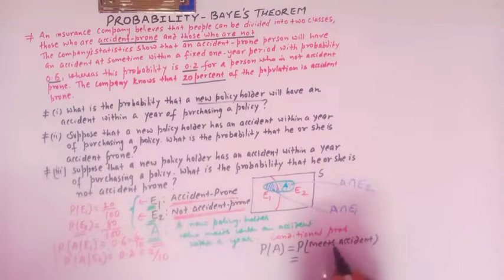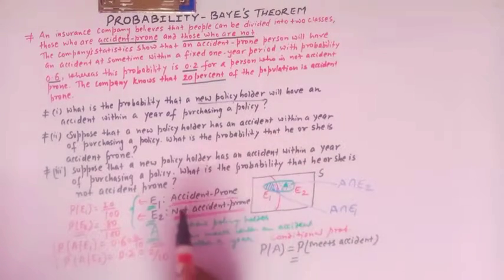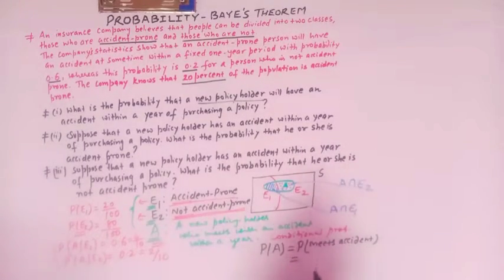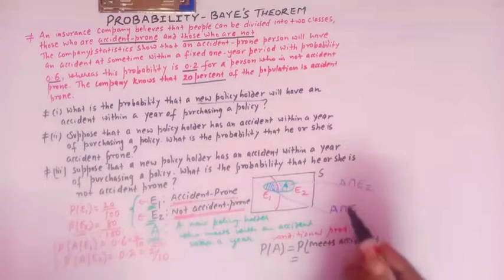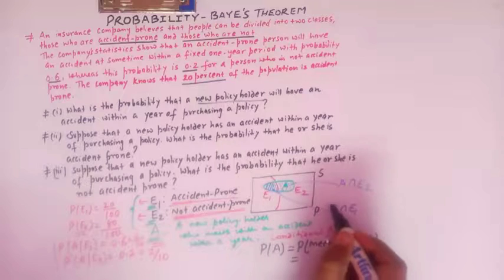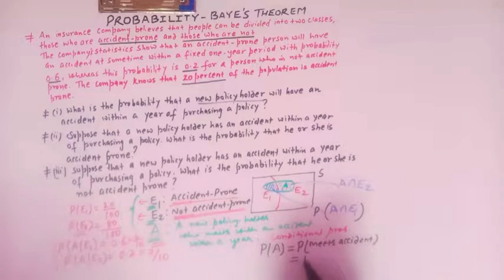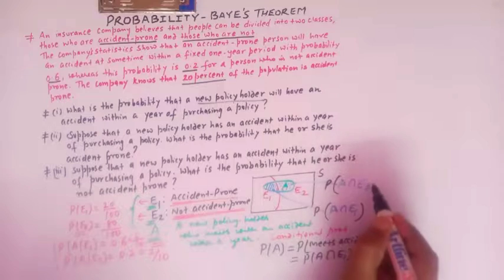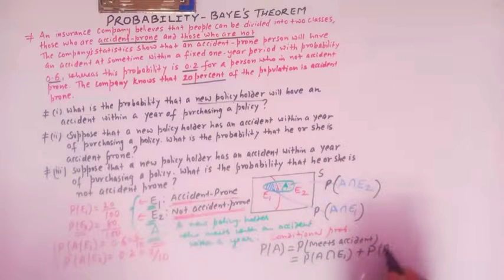Now this person meets with an accident if he or she comes either from the accident prone class or from the not accident prone class. So we have to find two probabilities: the first is P(A intersection E1), and the other is P(A intersection E2).